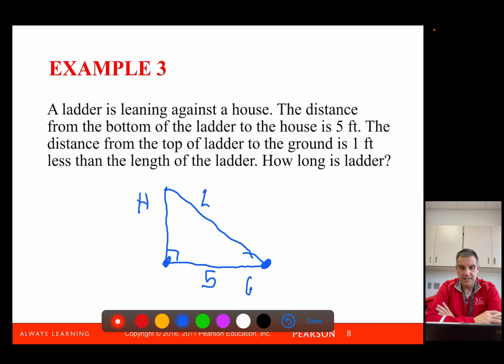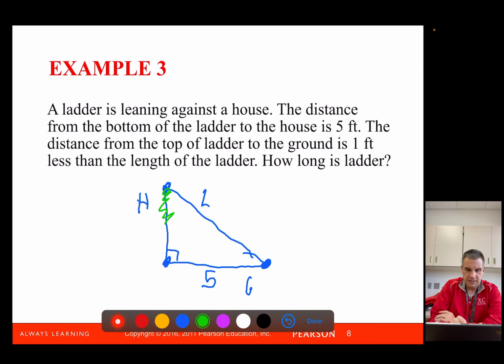It says the distance from the top of the ladder to the ground, that's this distance right here, sorry. That's the top of the ladder down, not that green.